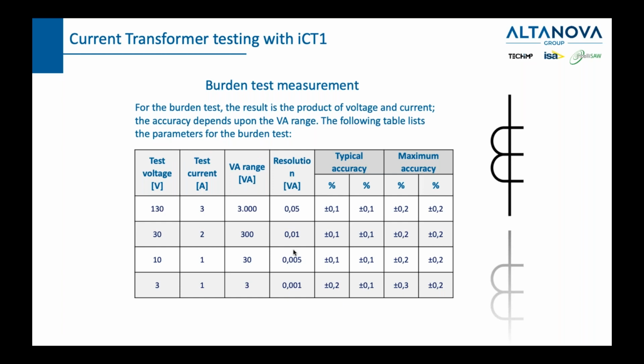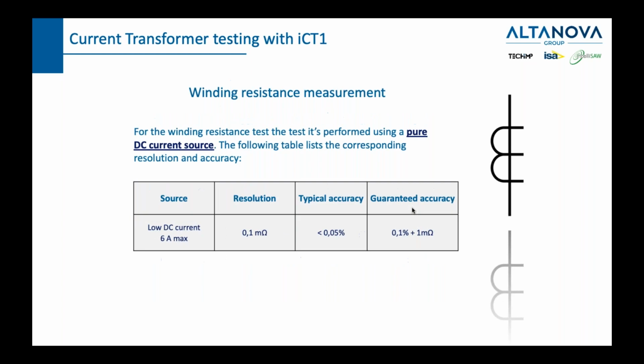And in burden measurement, also, we have a very high accuracy. So you can see that the accuracy is between 0.1 and 0.2%. Winding resistance, which uses a pure DC source, has fantastic resolution of 0.1 milliohms and the typical accuracy of 0.05%, and the guaranteed accuracy, which is twice, so 0.1% plus 1 milliohm, which is really, really very good value.